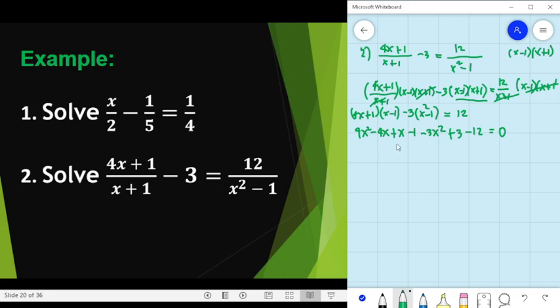So simplifying, combining 4x squared and negative 3x squared because they are similar terms, the answer is x squared. The negative 4x plus x becomes negative 3x, and negative 1 plus 3 is positive 2, minus 12 is negative 10, is equal to 0.